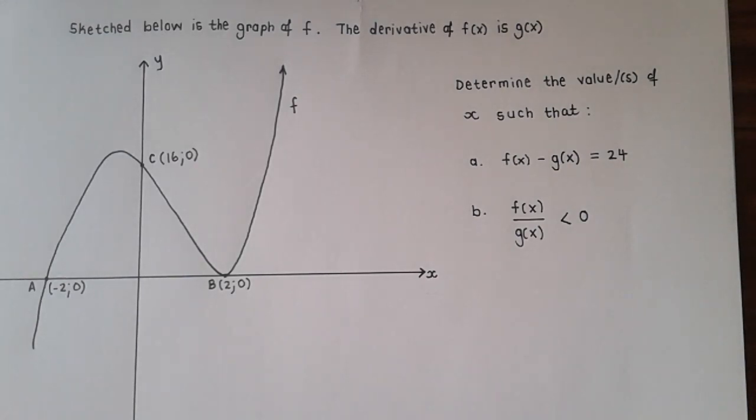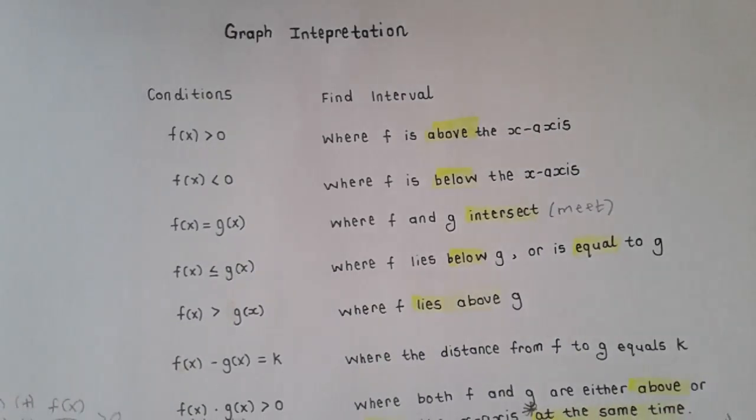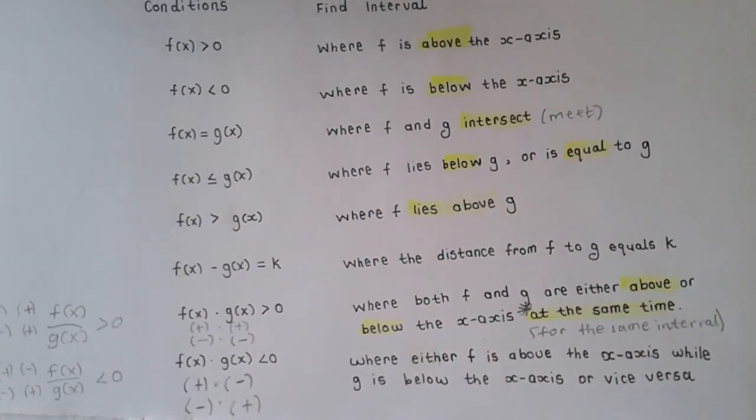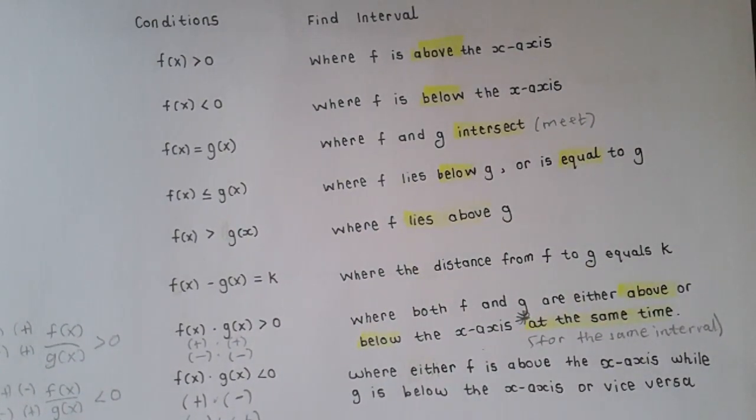We have to determine the value or values of x such that f(x) minus g(x) is equal to 24. Let's go back to our conditions. This speaks to the condition where, whenever we see this equal to k, some constant, we talk about the distance from f to g being equal to k, where f, the first graph mentioned, is the one on top.